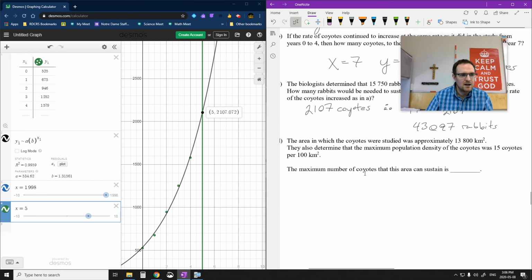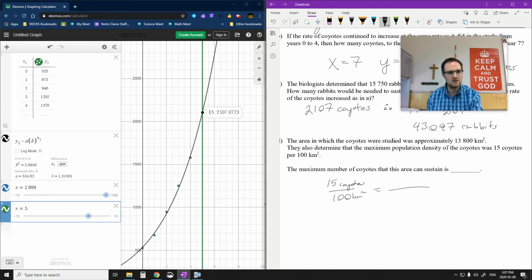Okay. The area in which the coyotes were studied was approximately 13,800 square kilometers. It was also determined that the maximum population density was 15 coyotes for every 100 square kilometers. Okay, so this is another ratio question. They want to know how many coyotes I can fit in that 13,800. So I can have 15 coyotes for every 100 square kilometers.